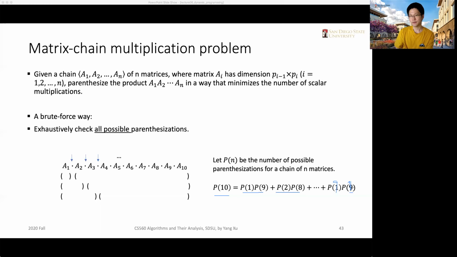So this is a recursive solution to the question of how much Pn will be. From our intuition, P must be a very big number, because this is a very, very bushy recursion tree. There are a lot of recursive calls going on. P1, P9, all of these expressions are recursive calls.